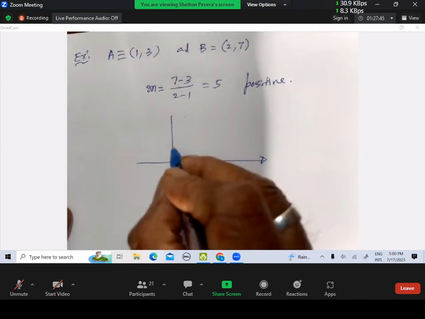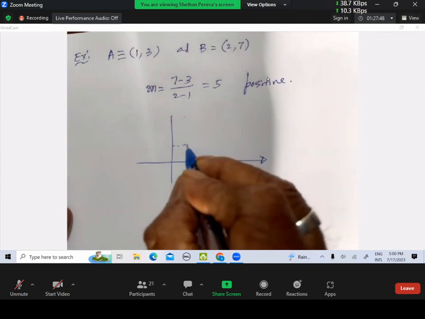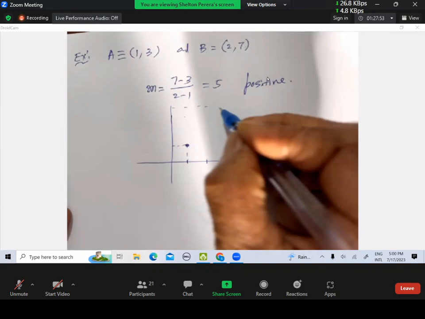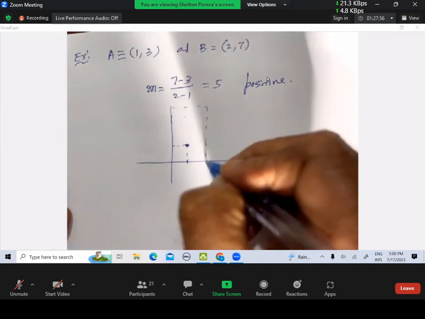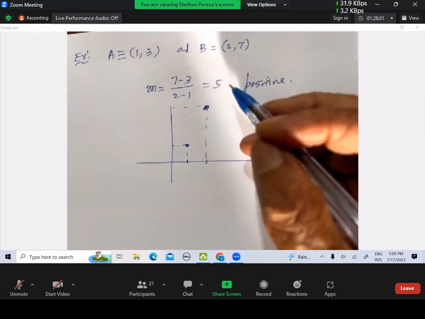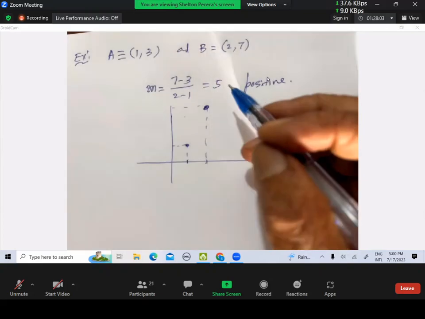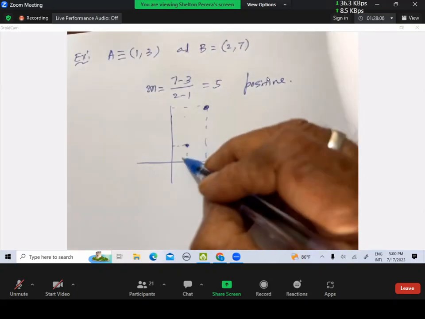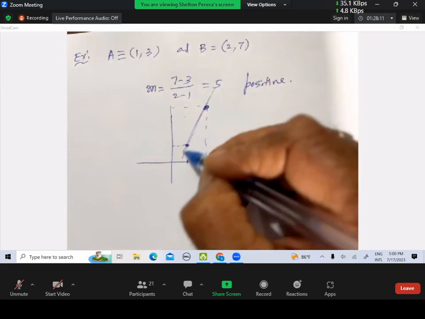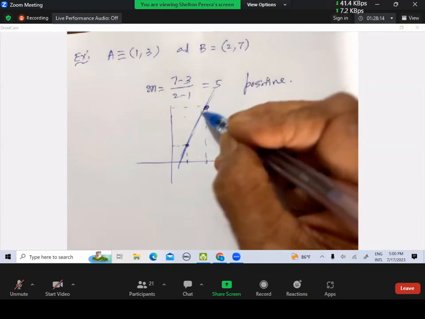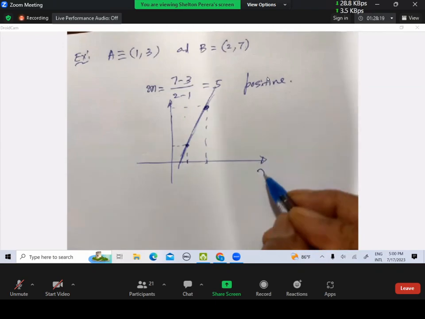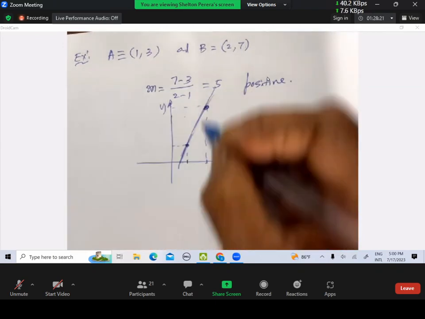It's a line like this. If you move from left to right, y coordinate keeps on increasing.